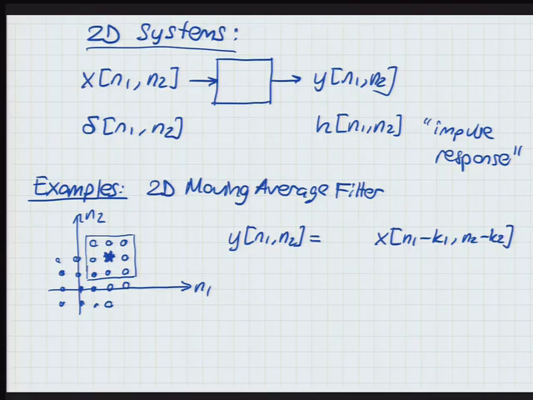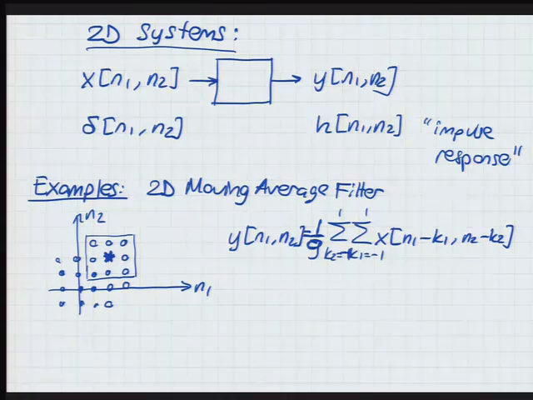So we have 3 by 3, 9 possible combinations for k1 and k2. Therefore, I'm going to do a sum over k1 and k2, negative 1 to 1. And of course, I need to divide this by 9 so that I really averaged. I hope you can read this. So that's what the moving average filter is doing, right? It looks at each point, looks at the neighbors, averages the values, thereby smoothing out fluctuations, rapid changes between the data points.